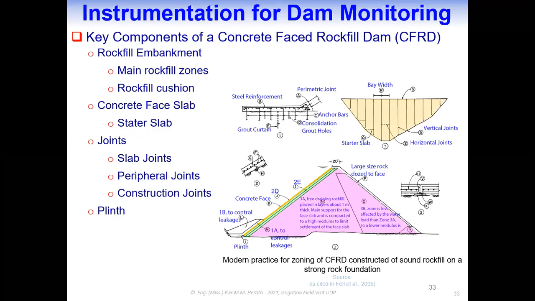There you can find the starter slabs, this small triangular shaped part which is initially cast, and then there are several types of joints such as slab joints, peripheral joints and construction joints. Then you can find the plinth, which assures the connection between the foundation and the face slab.